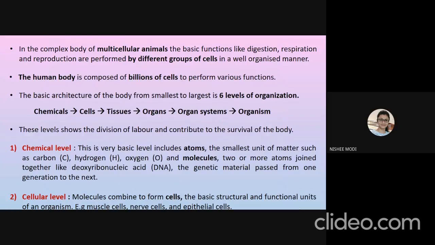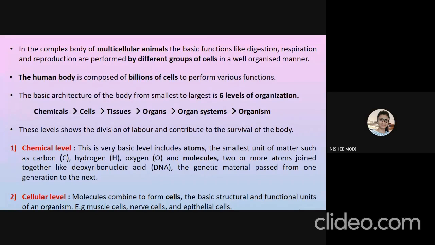As I said, the chemical level is the very basic level. It includes atoms, the smallest unit of matter, such as carbon, hydrogen, and oxygen, and molecules, made up of two or more atoms. The example is DNA, deoxyribonucleic acid, which is the genetic material passed from one generation to the next.